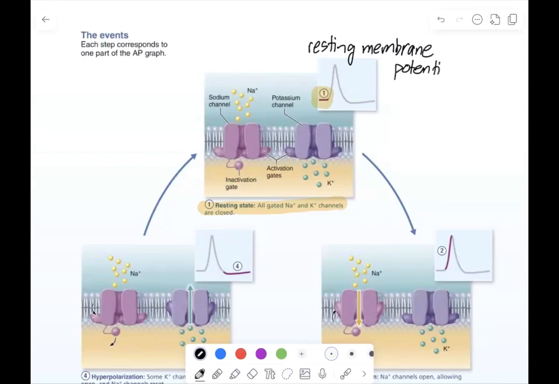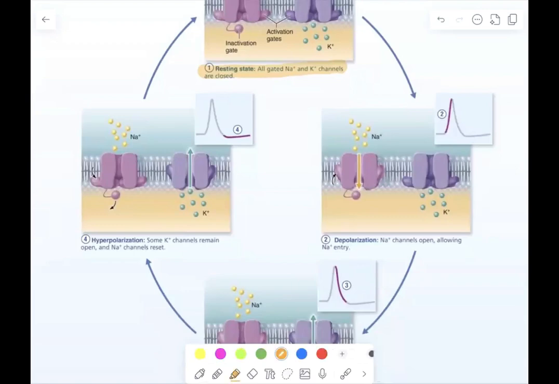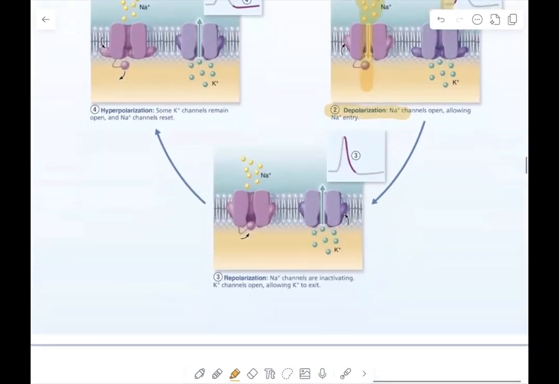The first phase of the action potential is shown here, which is depolarization. And here, sodium is going to enter the cell. So we see this event occurring right here. Potassium hasn't left the cell yet until we get to step 3, which is repolarization.